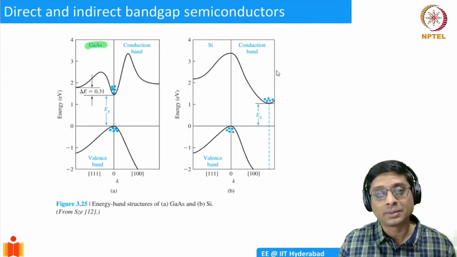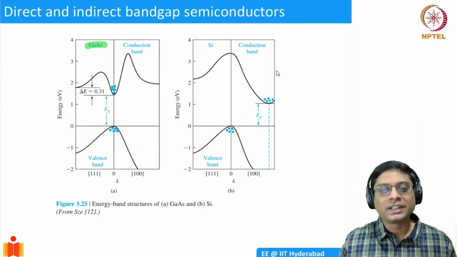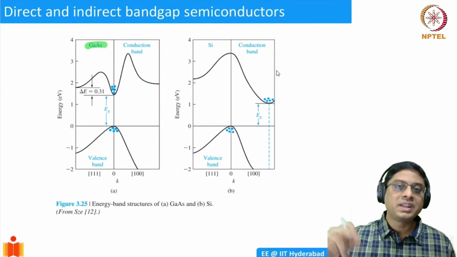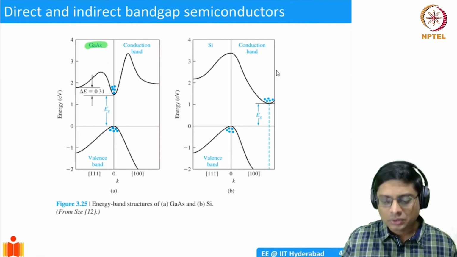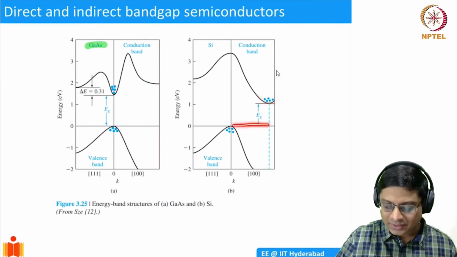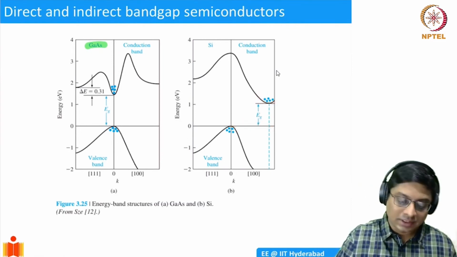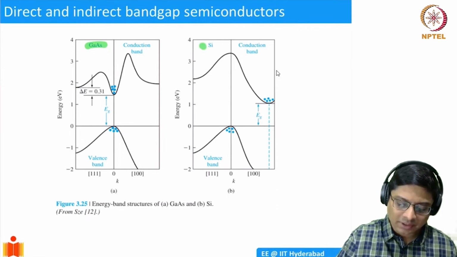Whereas if you look at the EK diagram of silicon, the peak in the valence band does not coincide with the bottom of the conduction band. There's a difference in K, because of which silicon is called an indirect band gap semiconductor.